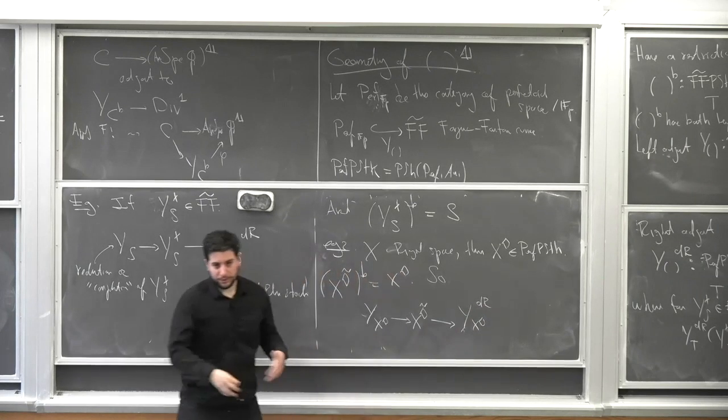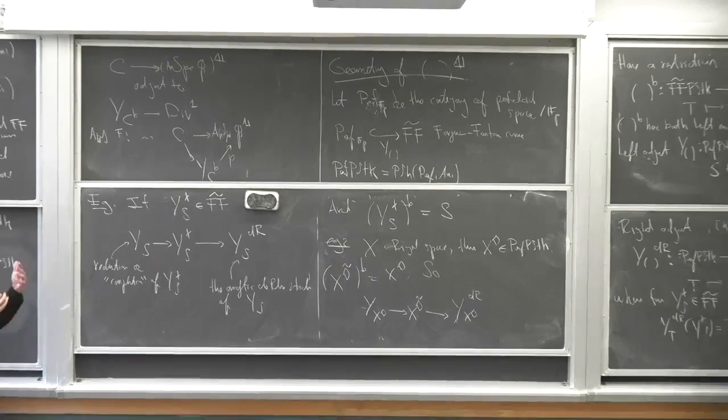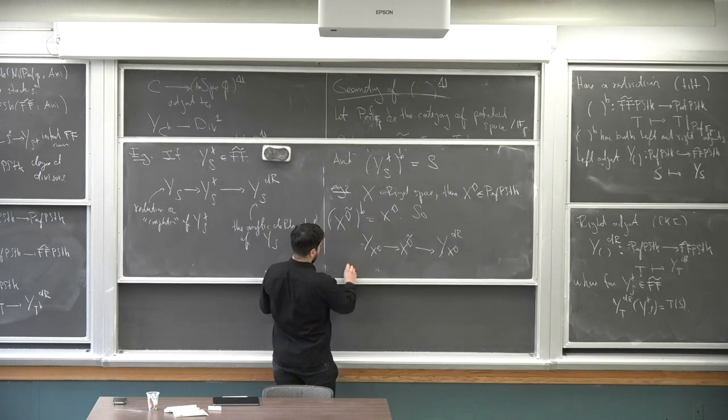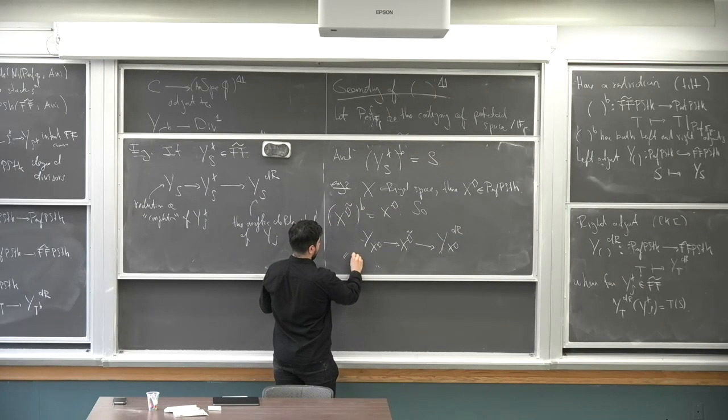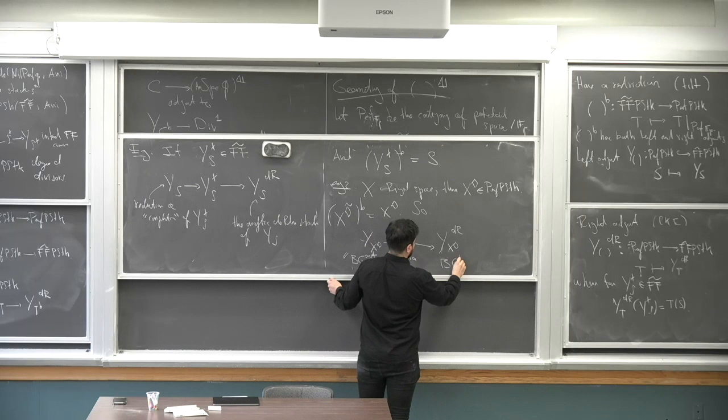And again, what we wanted to do, or at least one part of the heuristics behind the theory, was that this corresponds morally to continuous representations. This corresponds to the analytic one. This one corresponds to the continuous.